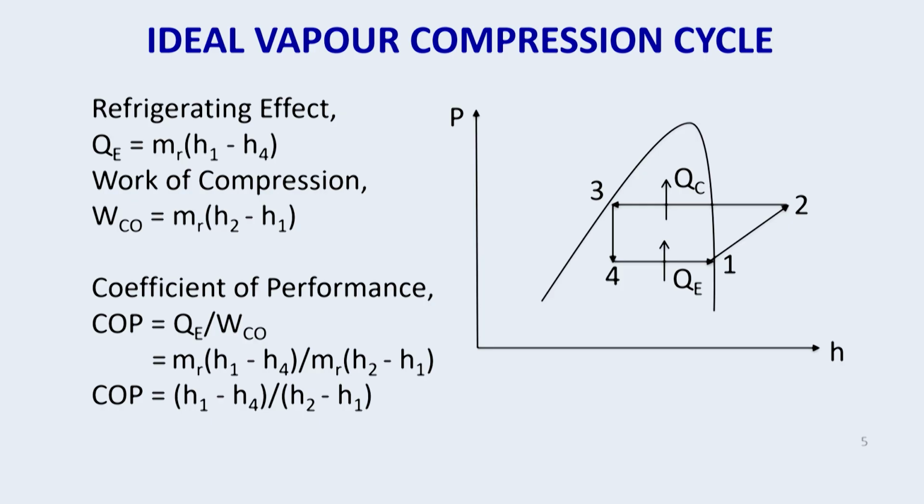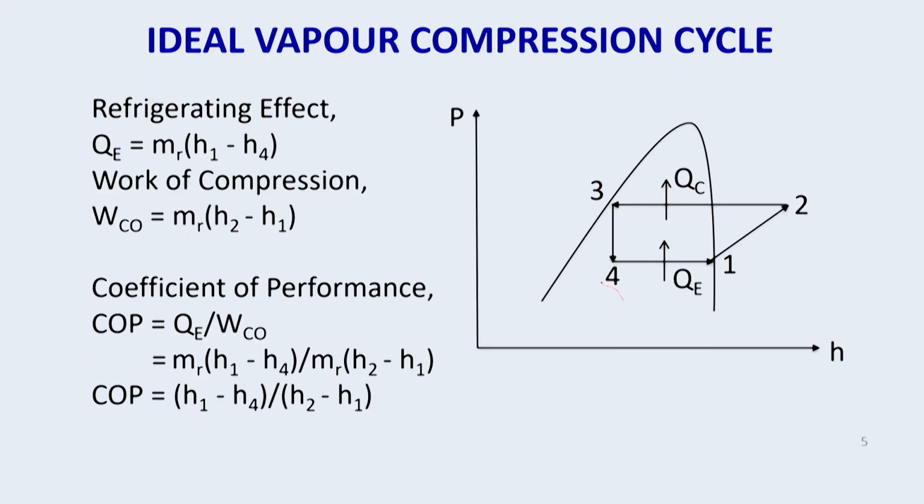In other terms, it is called the cooling capacity or refrigeration load. How much quantity of heat has been removed. That is delta H, the change in enthalpy, H1 minus H4, because 4 to 1 is the evaporation process.